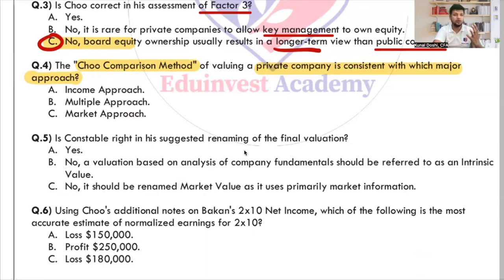These are the approaches that we use. Here they are asking which major approach the company comparison is consistent with: income approach, multiple approach. First of all, income approach is the discounting cash flow approach, right? What about the multiple approach or market approach? We know price earnings. What is the market approach? What is the difference between multiple and market approach? Anyone? Is there a difference between both?